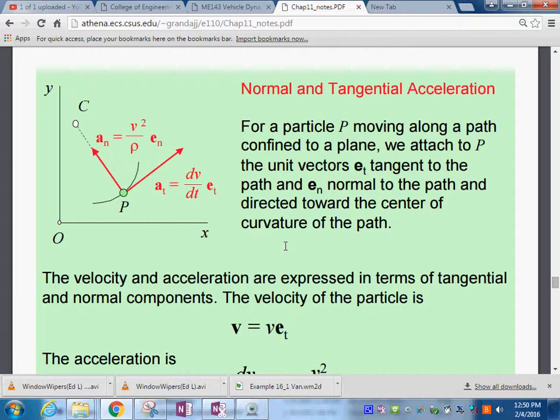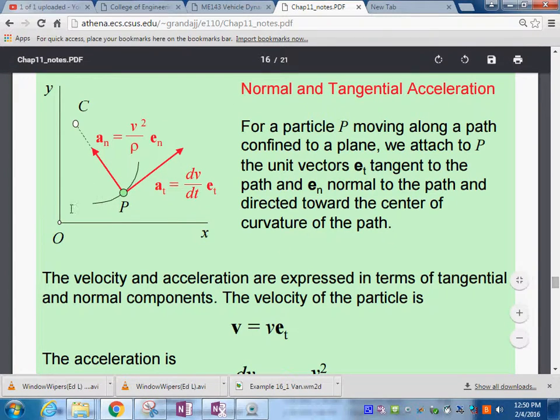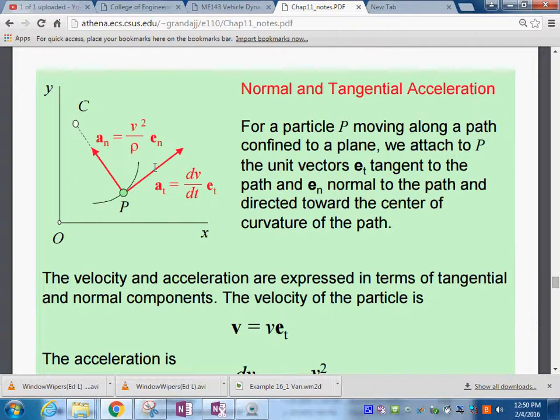And in here you have the acceleration. So we need to see which variables we are being asked for here, and then it's another way of writing the acceleration equations in terms of the unit vectors.